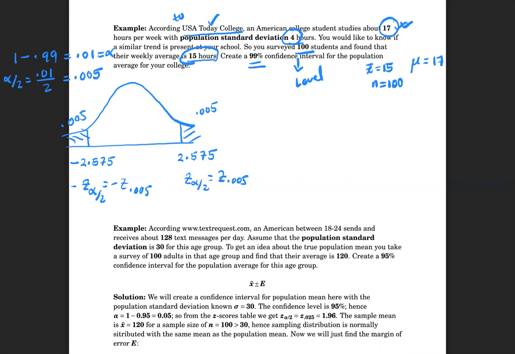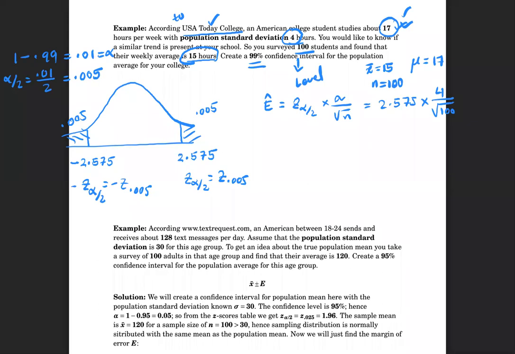Now, here is the interesting part. Again, you can test the claim by USA Today for your college. So my margin of error is going to be z sub alpha over 2 times sigma over square root of n. It's very easy. 2.575 times sigma, which is 4, divided by the square root of the sample size, which is how many people? 100.